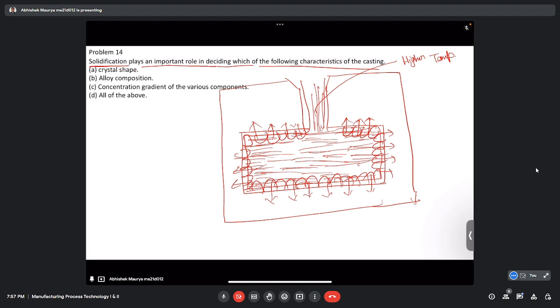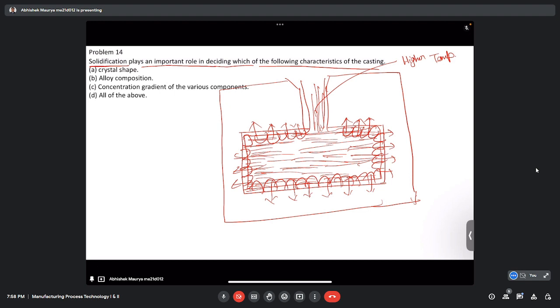There is another thing, like the solubility of the different components of the molten metal. Suppose the molten metal is made up of some alloy. If we are talking about steel, then we have iron, carbon, molybdenum, nickel, cobalt.